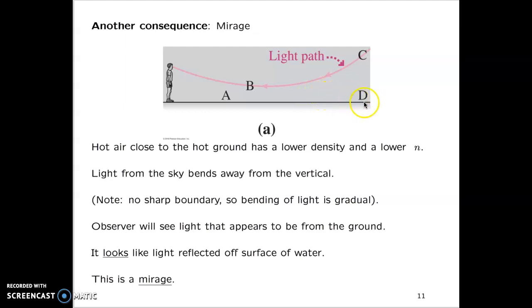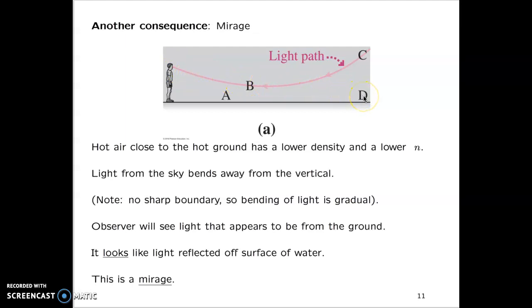It will look like there's some kind of source of light, maybe at point D over here, which is causing the light to go directly from D to your eye. That is an illusion. It's not real. The trajectory of the light, of course, travels along this path, but it appears to the observer like it's traveling directly from point D to their eyes, okay?